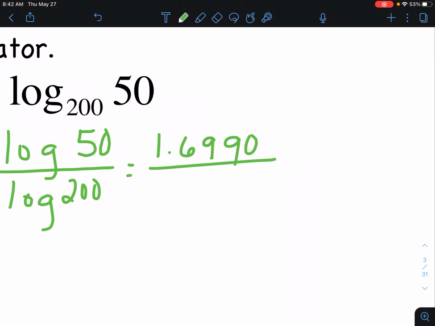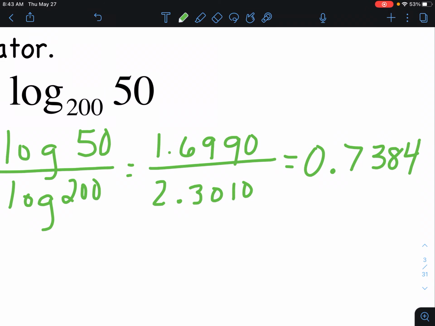And then back to the calculator, log of 200, 2.3010. And then I'm going to divide those. 1.6990 divided by 2.3010, and I have 0.7384.